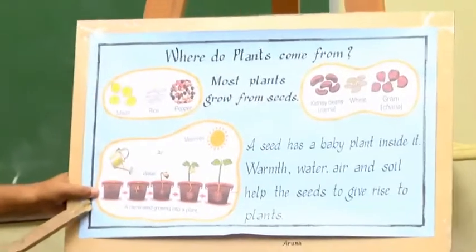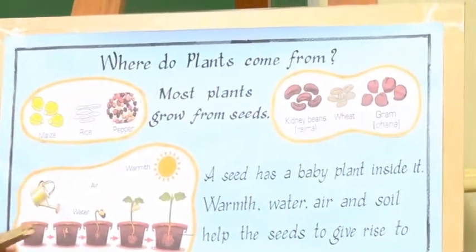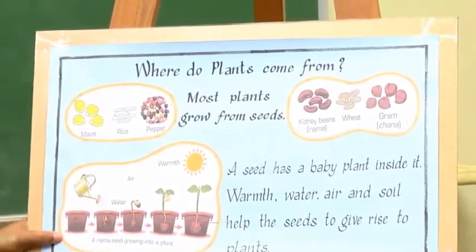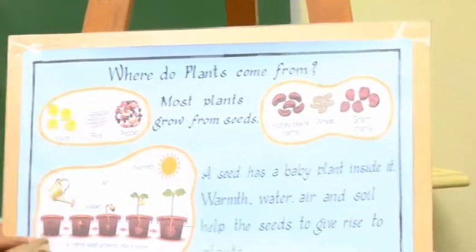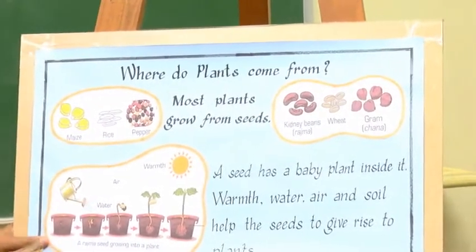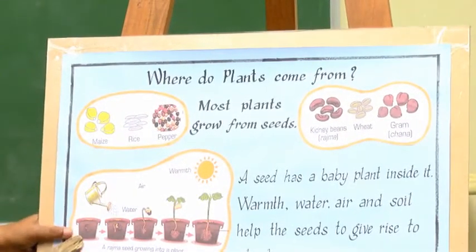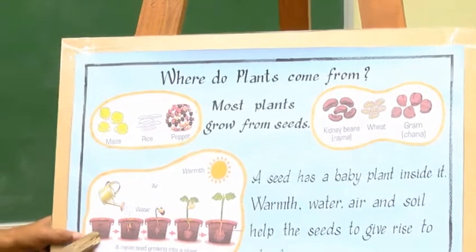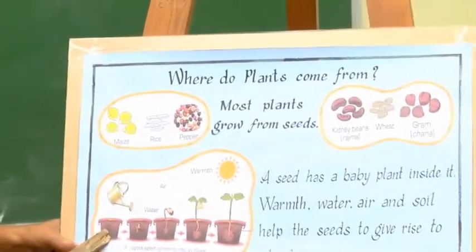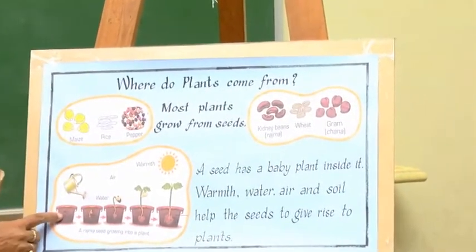A seed has a baby plant in it. That baby plant will grow into a new plant when it gets water, air, soil and warmth from the sunlight. See, if you sow a seed in soil, there is a baby plant inside.